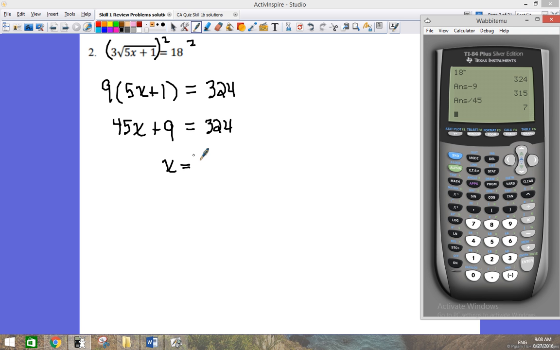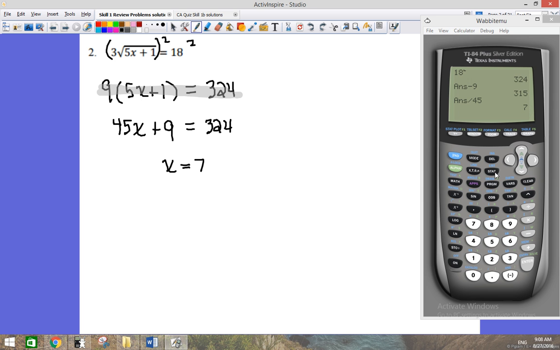So I'm getting a possible solution of 7. I say possible because with the radicals and with the rational equations you have to check for extraneous solutions. What we solved is a solution to this equation, but it may not be a solution to the original equation.